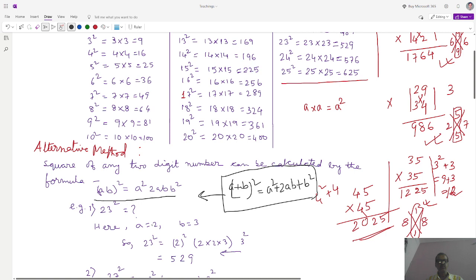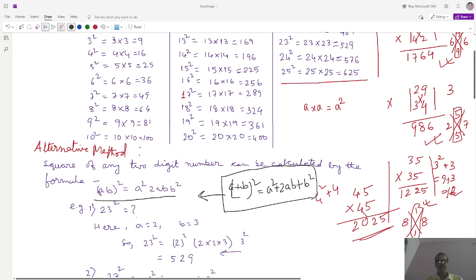Here A equals 2 and B equals 3. Therefore, 23 square equals 2 square, 2 into 2 into 3, that is 2AB, and B square, 3 square. Now put the values. B square equals 9. 2 into 2 into 3 means 12.